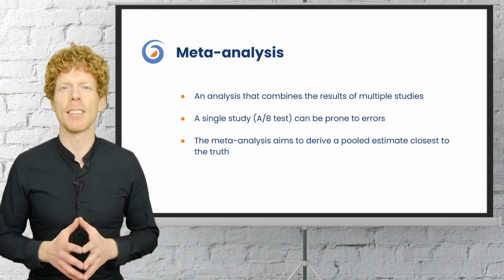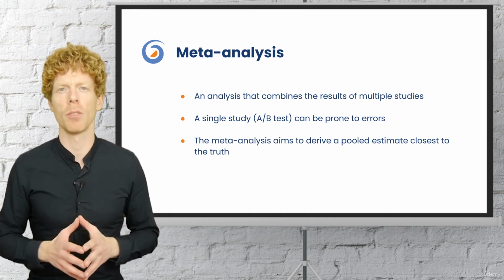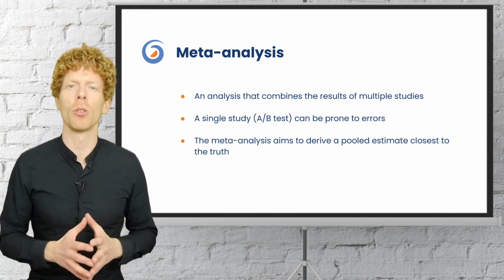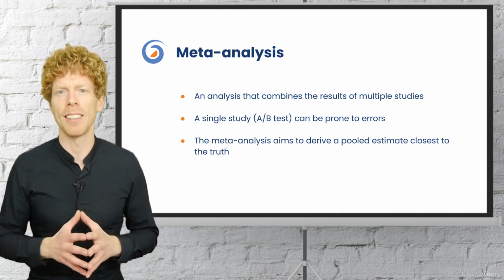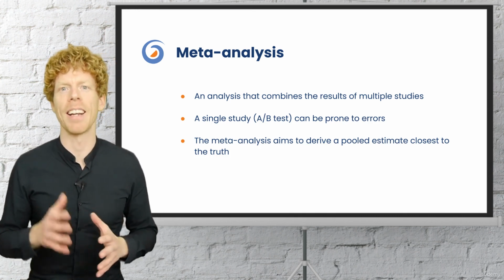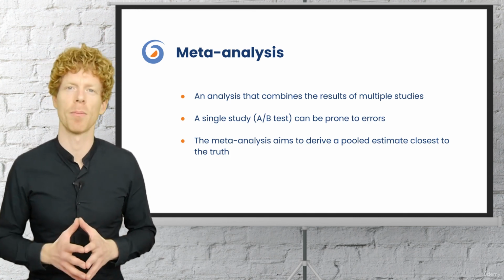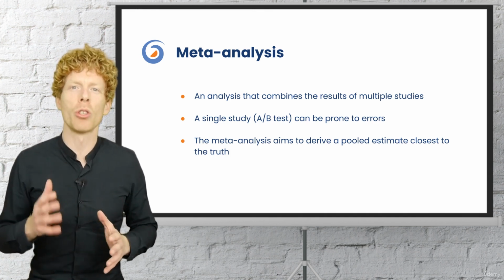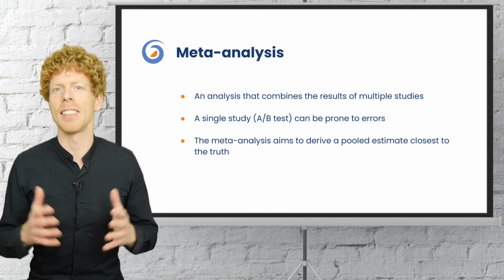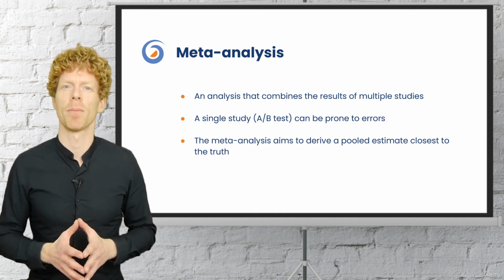A single A/B test can be prone to errors. You could, for instance, have a false positive, meaning the test resulted in a winner, but in reality, there's no difference. We will have a closer look at this in a later lesson on statistics. Your A/B test could also result in a winner, but for a very different reason than stated in your hypothesis.